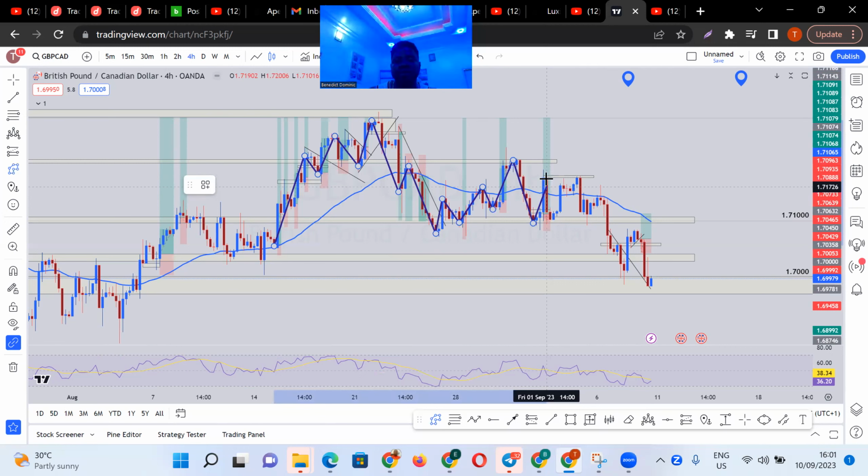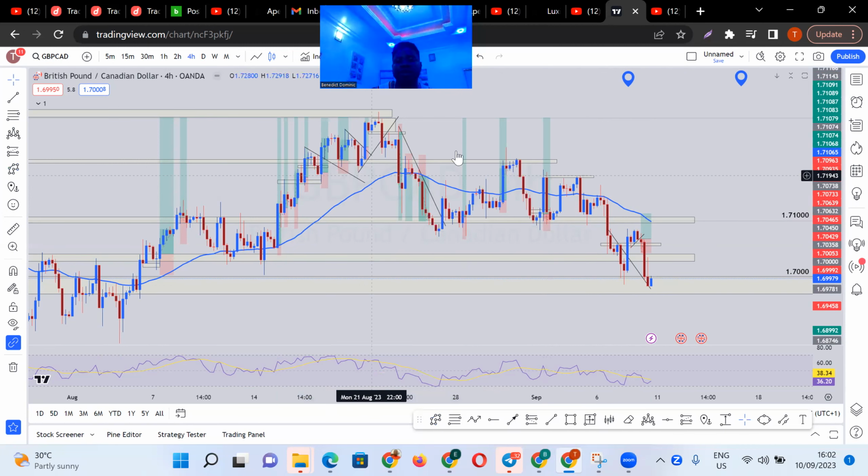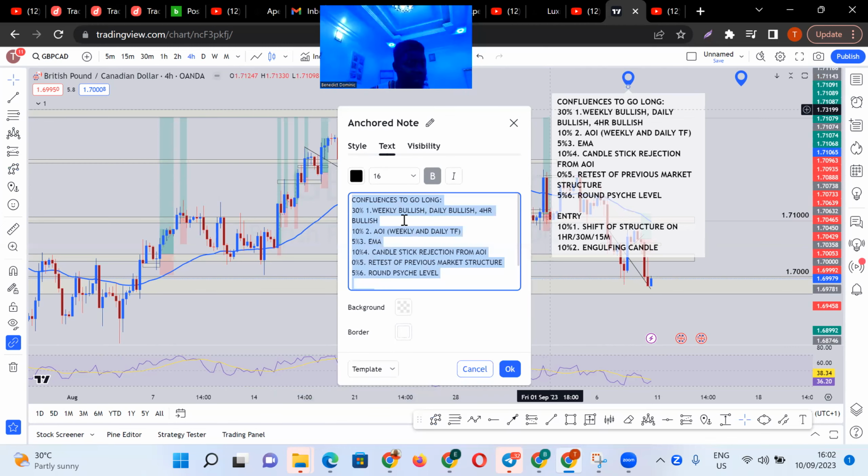This one is a double top. All these ones we are still on lower low vibes on this GBP/CAD. So on this 4-hour, the market is bearish. So after checking all these, this is the number one thing I check for.